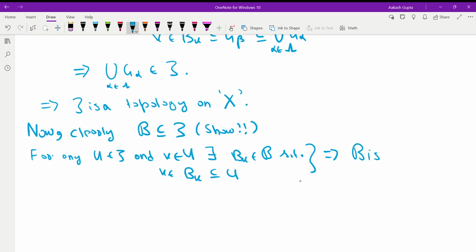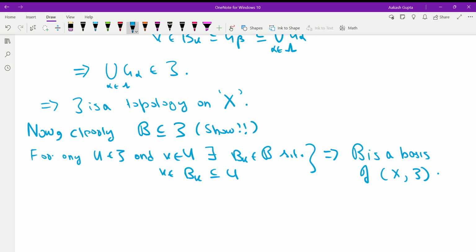Script b is a basis of X along with tau, or of the topology tau on X, what tau we have defined here. So it is by definition only. The way we have defined the topology, it would automatically be the basis. I hope you understand this beautiful concept.